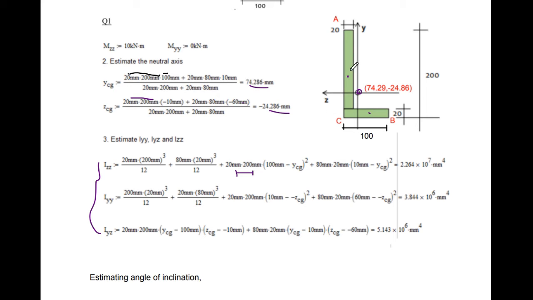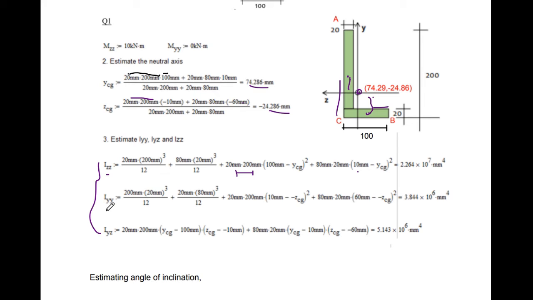So this is Ai for beam 1 into Di. What is Di? It is 100, the total, minus this distance 74.29, we got this Di. In a similar way we get it for the second beam also, then we get Izz.